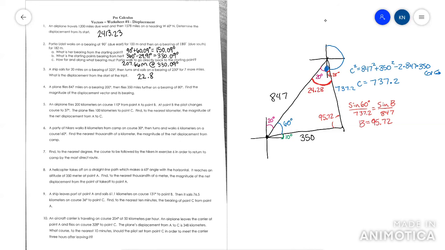But you have to just subtract that 4.28 degrees because you want this bearing, not the 180 degrees. So it's 180 degrees minus that 4.28 degrees, which is going to give you 175.72 degrees. That would be my answer. So my answer would be 737.2 miles at a bearing of 175.72.